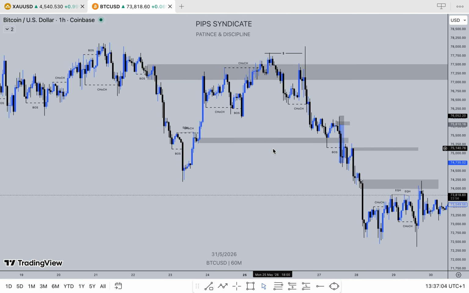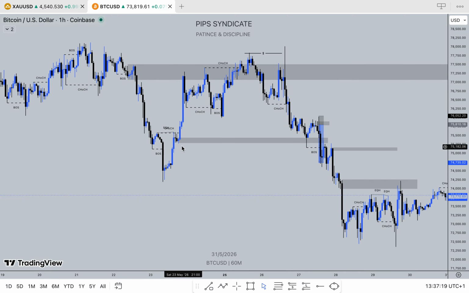This demand was sitting as a trap and inducement to this other block here. So what I knew was there's liquidity sitting at this level here, and what I needed to do was wait for a retest into this zone and a pushback up.